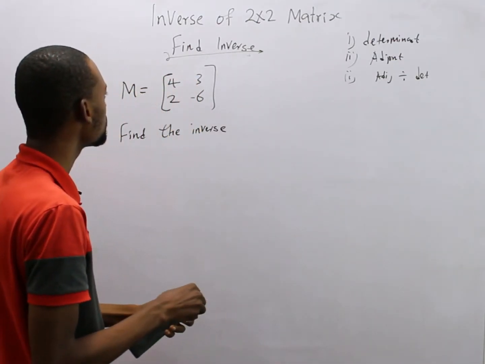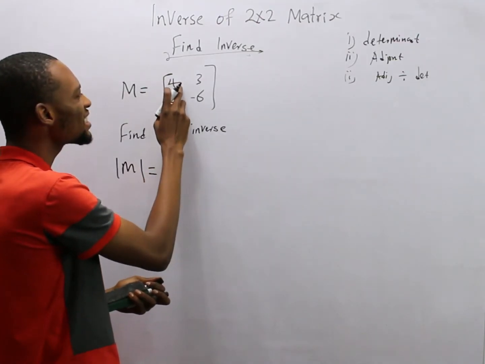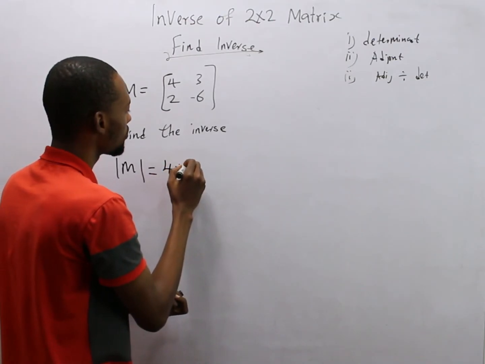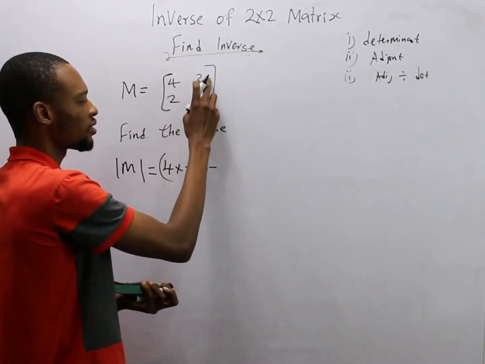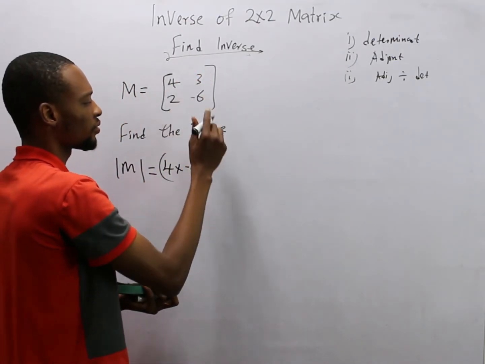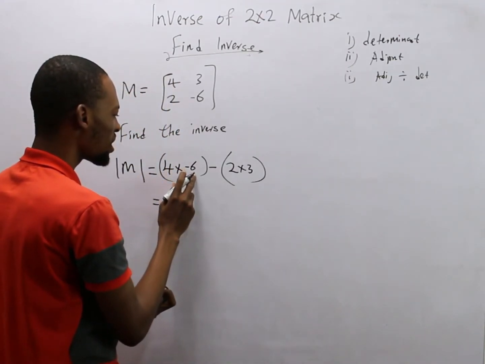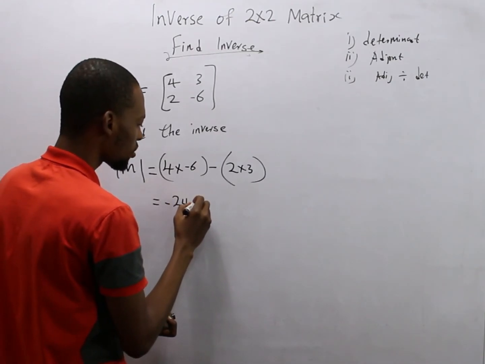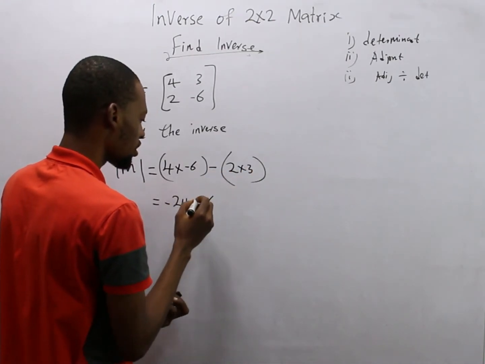The determinant of M is simply this guy times this guy, so that will be 4 times minus 6, minus this times this, 2 times 3. 4 times minus 6 gives minus 24, minus 2 times 3 which is 6.